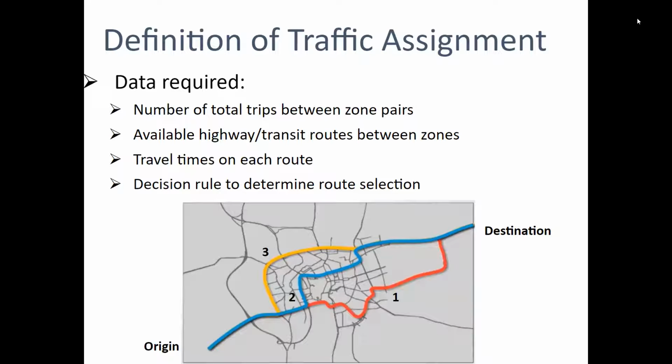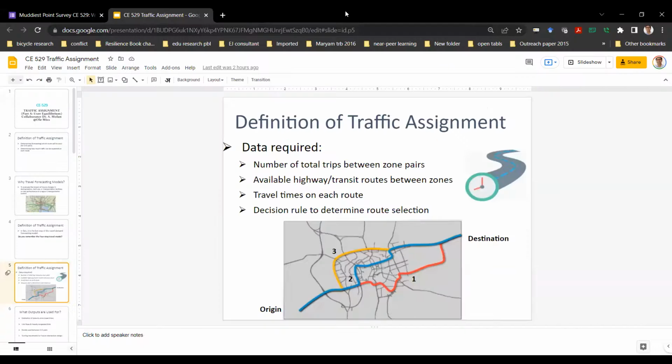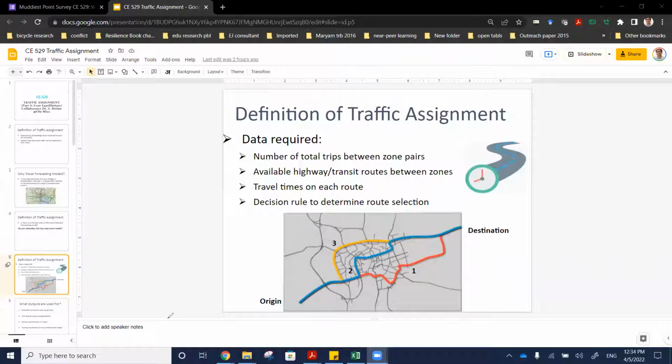So when you're trying to do traffic assignments, here are some of the data that you require. So this is sort of the network, and you have the origin here, right? Here is the origin.